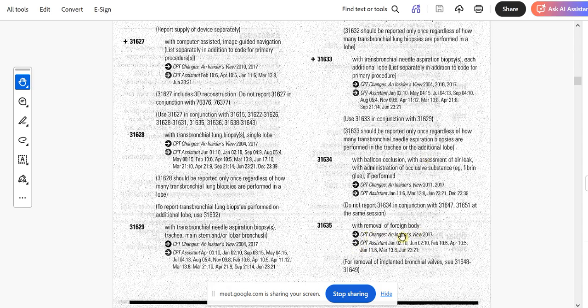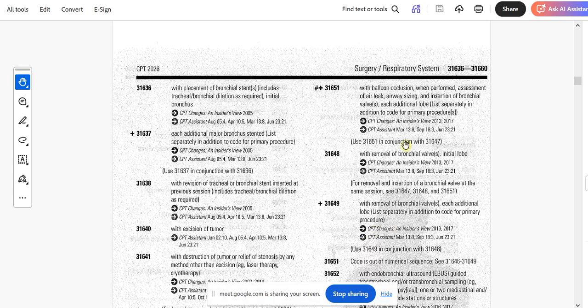Removal of foreign body, yes, that's common. If you are coding only for pulmonology, that's when you do research. You have to go through every code because you're trying to master the entire bronchoscopy.